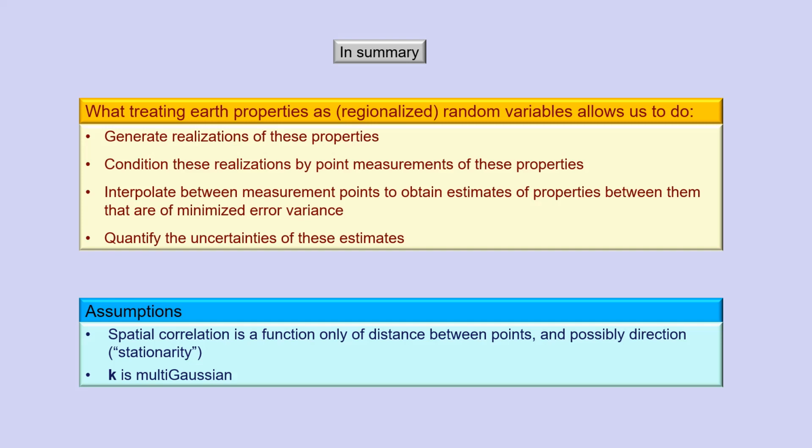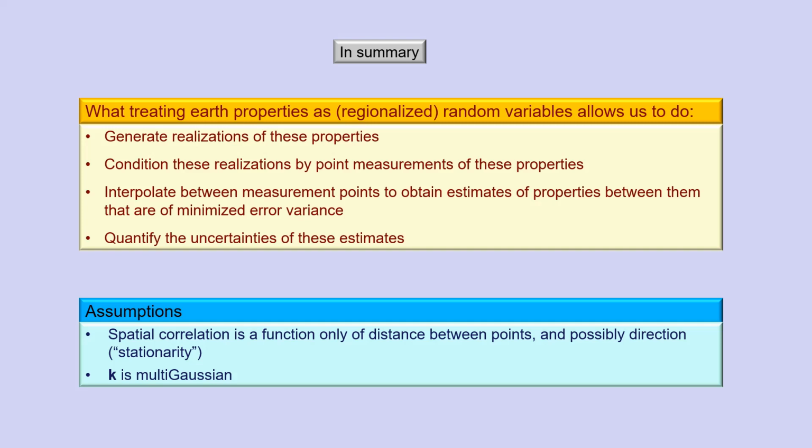The assumptions are stationarity, as it's called, that the covariance between 2 points is a function only of the distance between them, and that function doesn't vary throughout the domain of a model. That allows us to easily populate a covariance matrix. And also, for the mathematics on which Kriging is based and the generation of those random hydraulic property fields, we are assuming a multi-Gaussian assumption, a very high-dimensional multi-Gaussian assumption, but a multi-Gaussian assumption nevertheless. But if we make those assumptions, we can do some useful things.